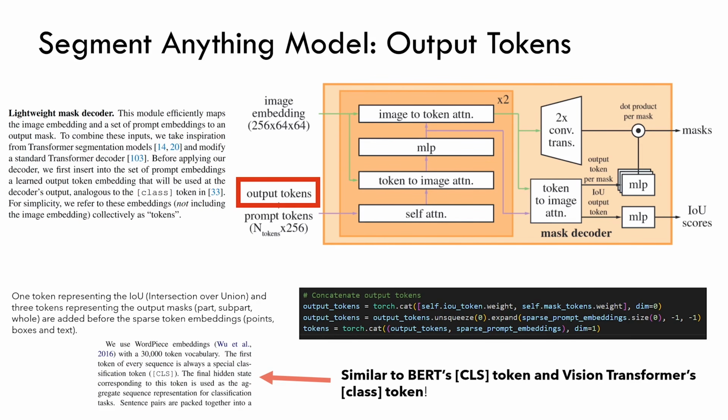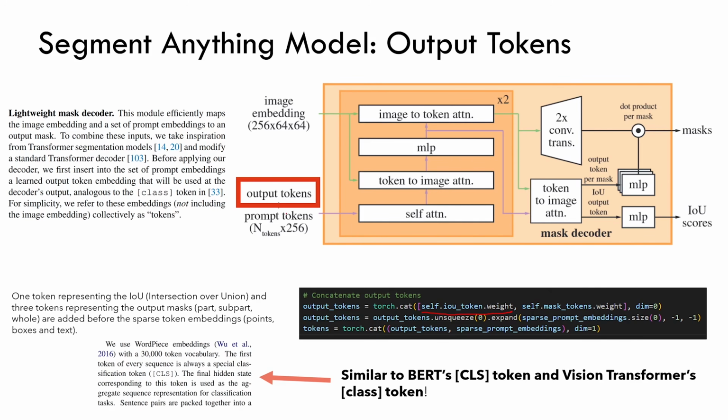Then at the output of this decoder, they check only these tokens and force the model to put all the information into them. In this case, we have one token that gives the IOU, the intersection over union score of the predicted masks, and we will see later what the IOU is if you are not familiar with it. And then there are 3 mask tokens, one token for each mask.